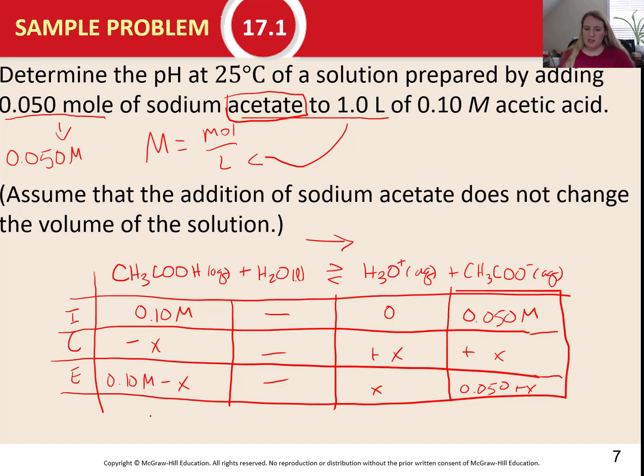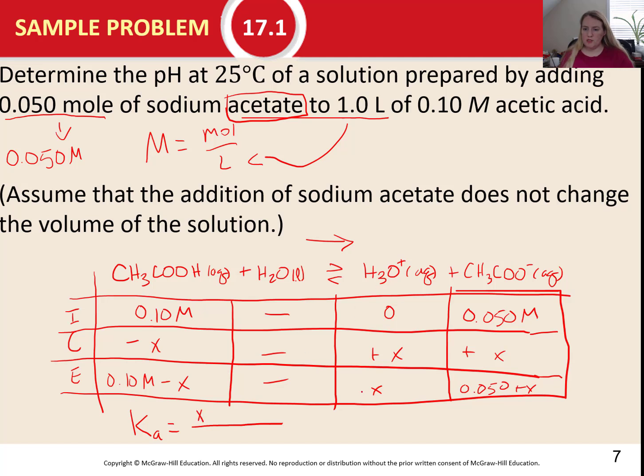So now that we have our ice table, we can set this up in our equilibrium expression. So Ka is equal to products over reactants. So my products are hydronium and acetate.